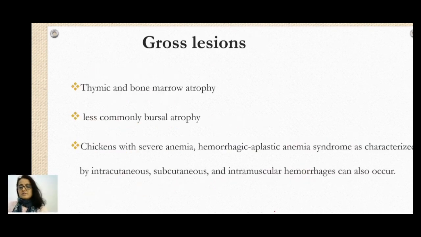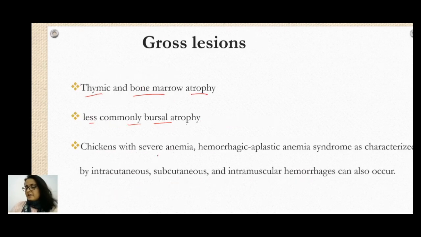Then the gross lesions: atrophy of the thymus and bone marrow, meaning the cells produced from the bone marrow are atrophied. Less commonly, bursal atrophy. Sometimes bursal atrophy also occurs.